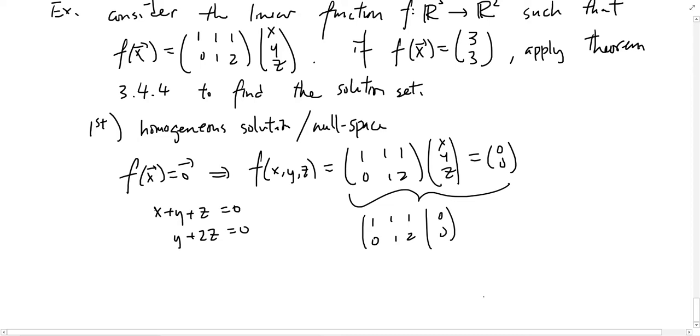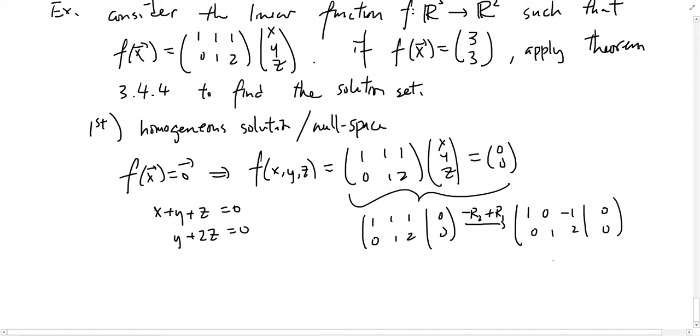It might take you a few minutes to solve this system, but it actually only requires one step to put this system into reduced form, and that would be just to subtract row 2 from row 1. So negative row 2 plus row 1 will give you 1, 0, negative 1, 0, and 0, 1, 2, 0.